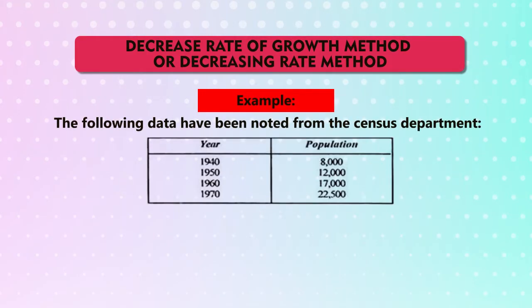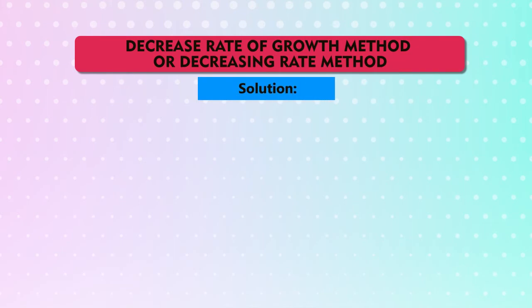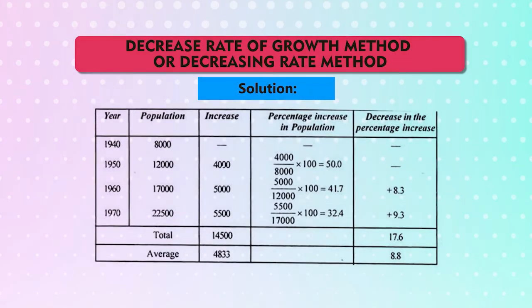Again, we have the same example, and here is the solution by the decreasing rate of growth method. So here we find the increase per decade from 1940 to 1970. Then we calculate the percentage increase in population.